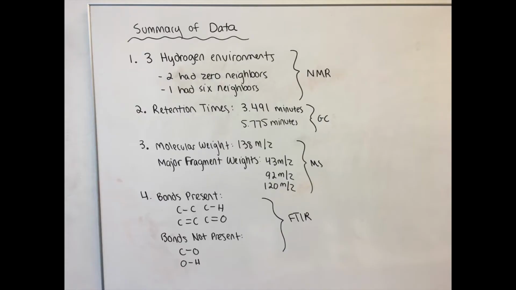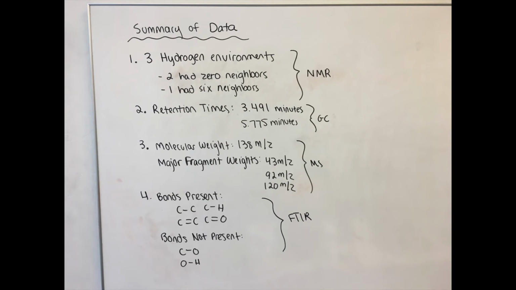So, a summary of our data includes the following. Our NMR showed 3 hydrogen environments. 2 environments had 0 neighbors, and 1 environment had 6 neighbors. Our GC showed retention times of 3.491 minutes and 5.775 minutes. Our MS showed a molecular weight of 138 mass over charge and major fragment weights of 43, 92, and 120 mass over charge.